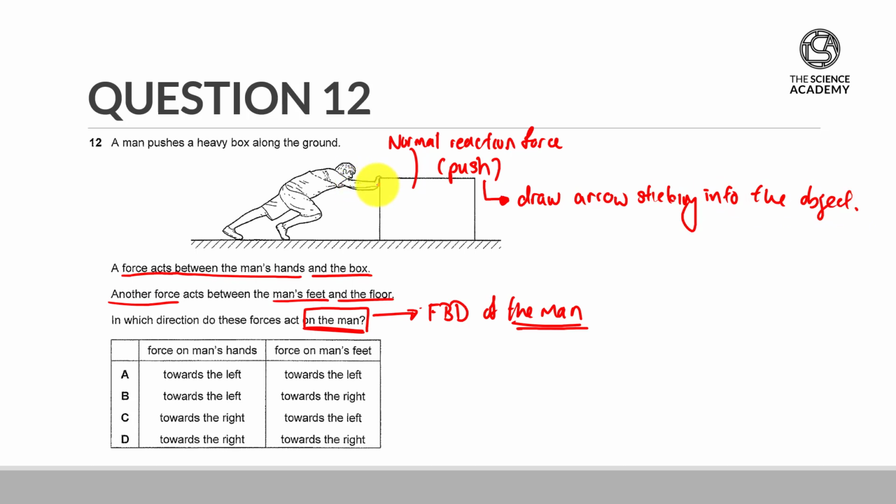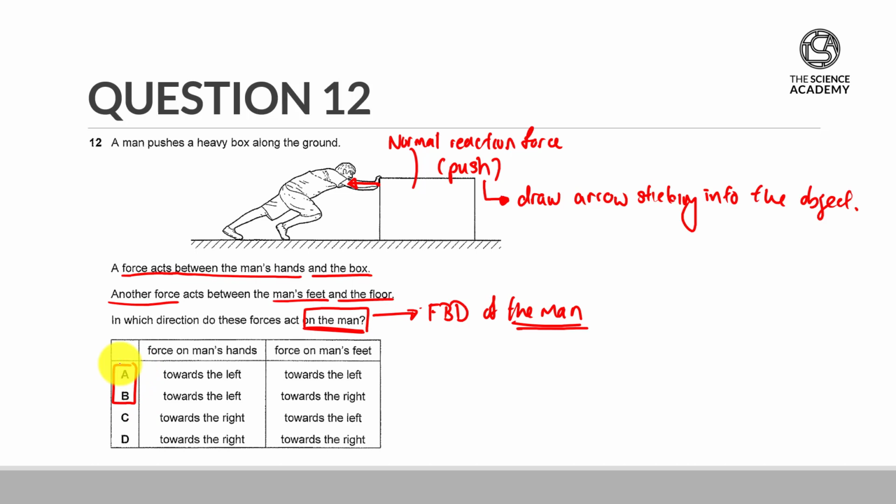So basically we have to draw the arrow sticking into the man. So you can see that the normal reaction force due to the box acts towards the left. So immediately this rules out C and D, and we have options A and B as our possible answer.